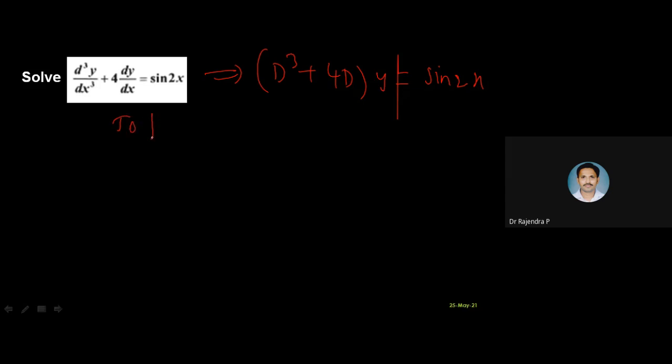Now to find our complementary function, D cube plus 4D bracket of y is equal to 0.